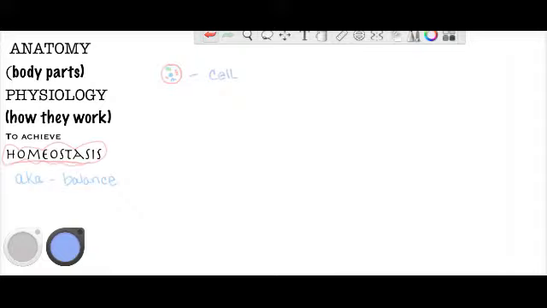Now, when you have a group of cells, then we don't refer to them anymore as a group of cells. We now refer to them as tissue. So a group of cells is going to be tissue. And then tissues that work in tandem together, in cooperation together, and they're all related because they perform a similar function.